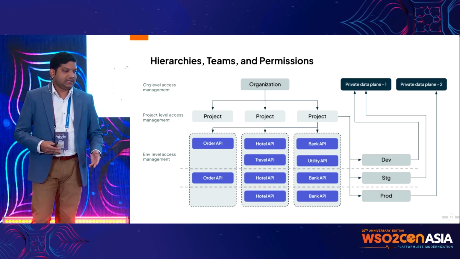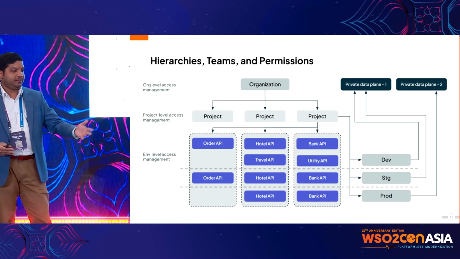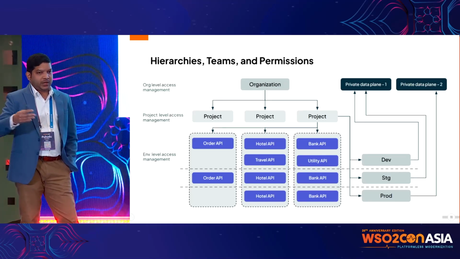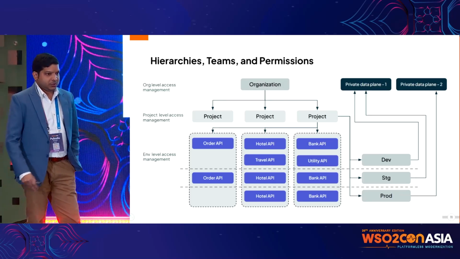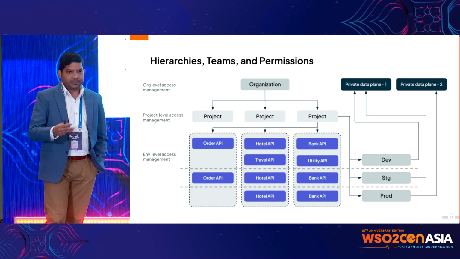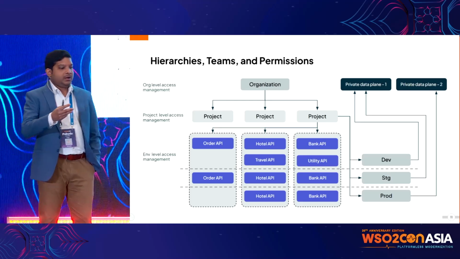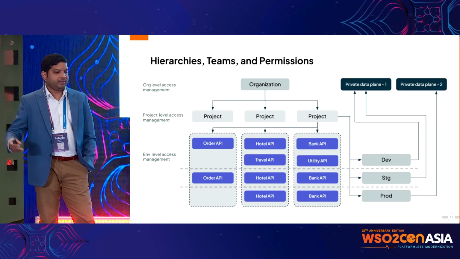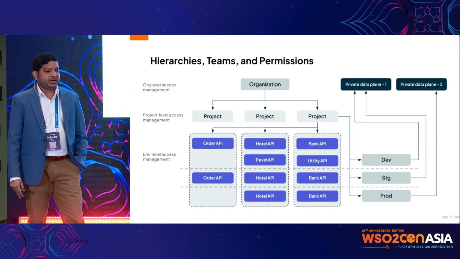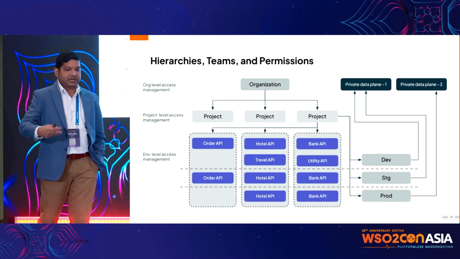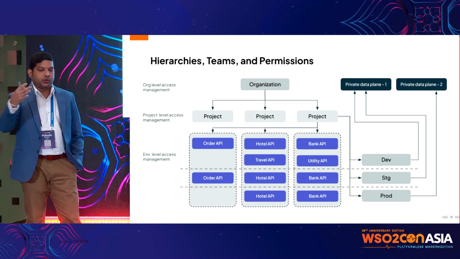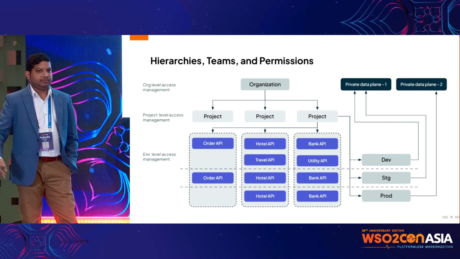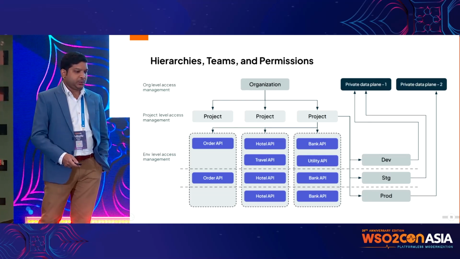Here, as you can see in the example, you have one set of APIs in one project and a different set of APIs in the other project. These projects are again mapped to different environments, where one API can go into dev. Likewise, you can map these APIs into different environments. These environments can be mapped to your private data plane, and also to the cloud data plane as well.